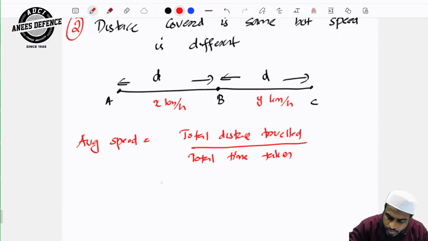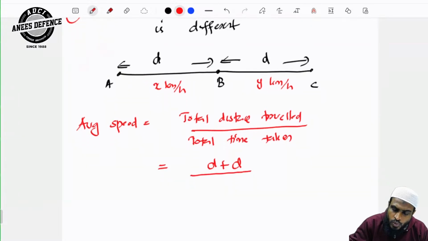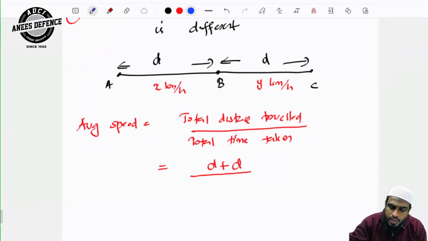So total distance, you can see that d plus d, that is the total distance. So total time: when a person is traveling a distance d with x kilometer per hour, the time taken t1 can be represented as distance divided by speed. So d by x.